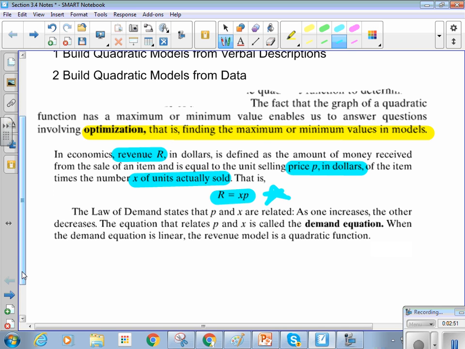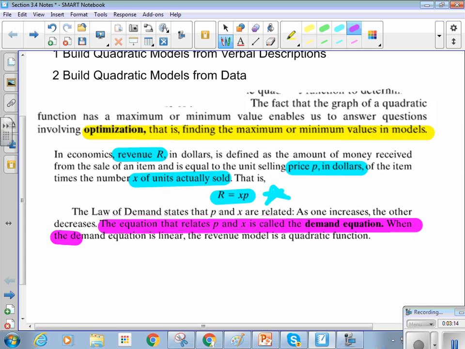The law of demand states that P and X are related. As one increases, the other decreases. The equation that relates P and X is called the demand equation. Let's highlight this too. The equation that relates P and X is called the demand equation.